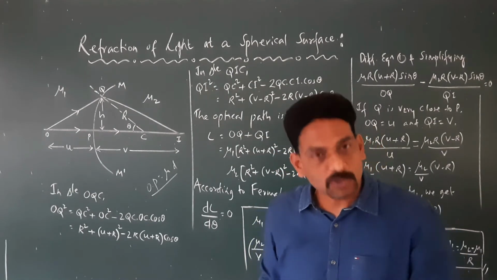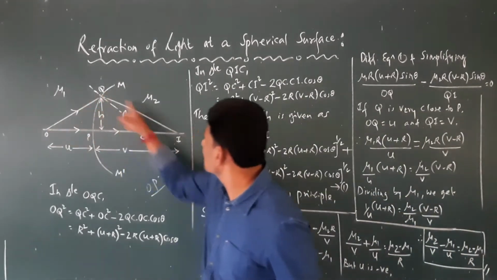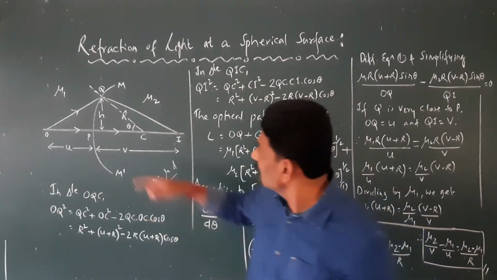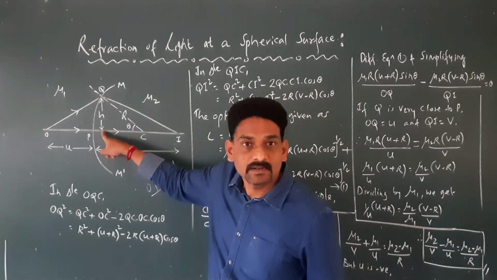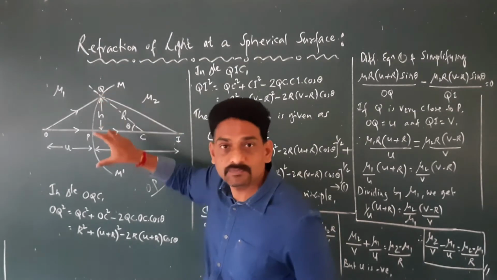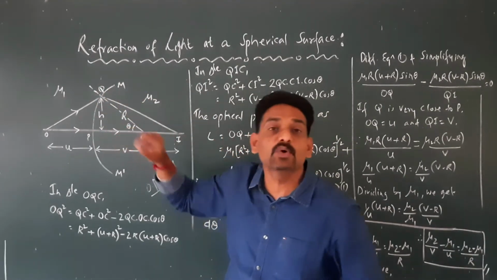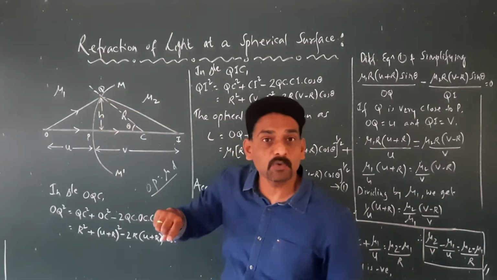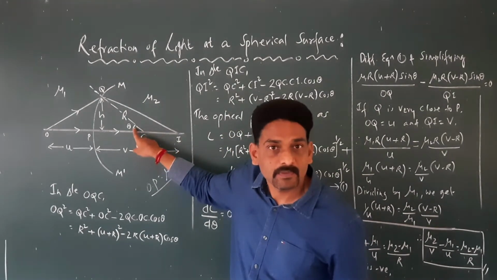But you have to observe here that this optical path OQI also depends upon this h. It is height. More the h, more the OQI. Lesser the h, lesser the OQI. That h in turn depends upon this angle theta.